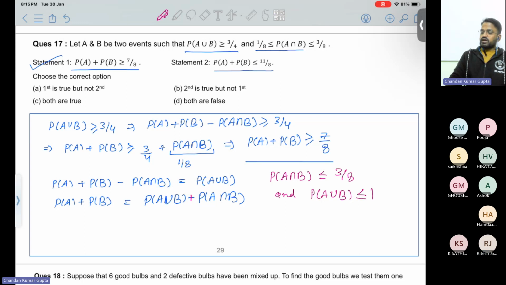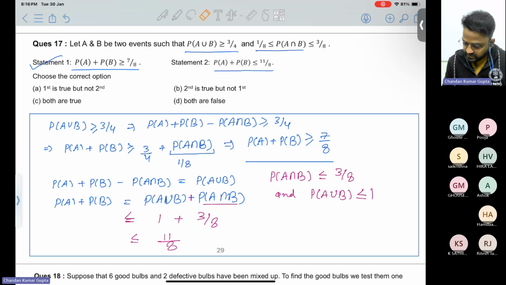Now, how to proceed then? Anyone tell me? Probability of A plus probability of B. So A intersection B and A union B. So this comes out to be 1 plus, and this value is less than or equal to 3 by 8. And because we consider the maximum value of this, so from here we see that it's 11 by 8.